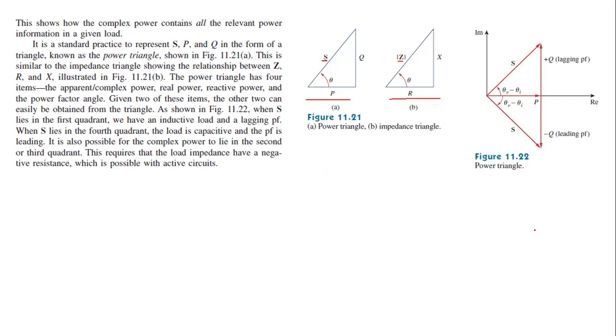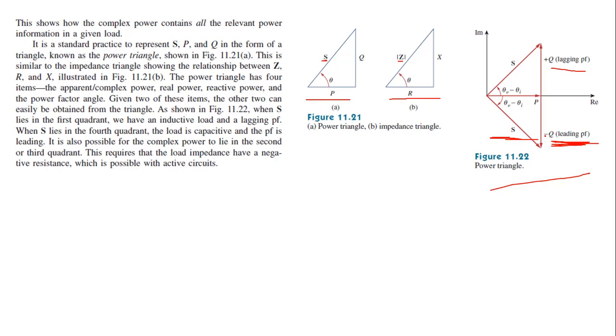Now if you take this power triangle, if the complex power lies in the first quadrant, then we can assume that we have an inductive load and a lagging power factor. If the complex power lies in the fourth quadrant, then we have a negative reactive power, that is, the load is capacitive, and we will have a leading power factor.